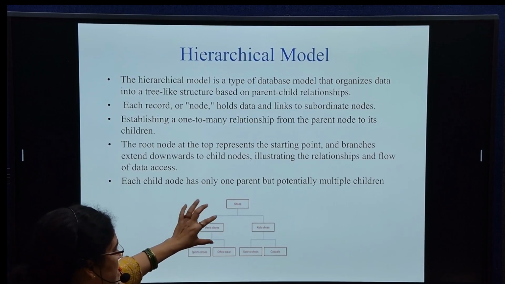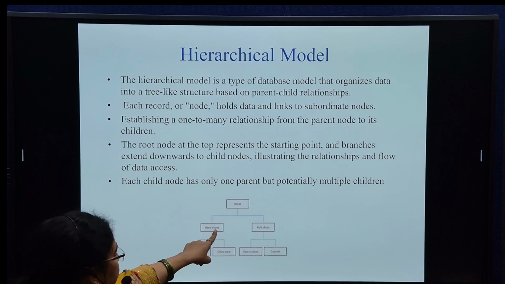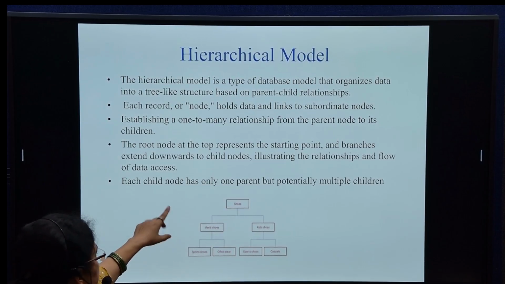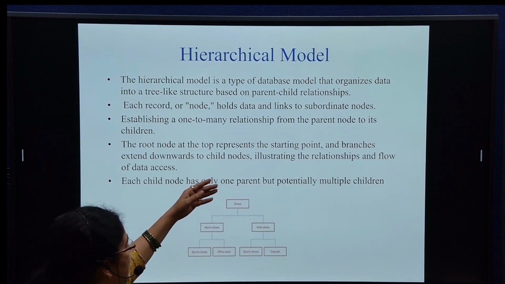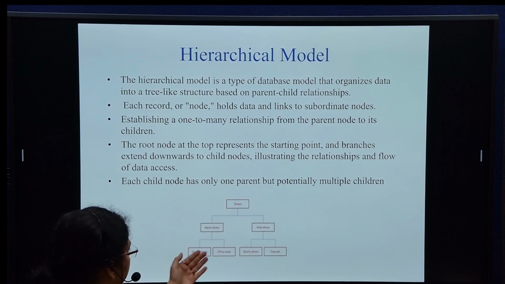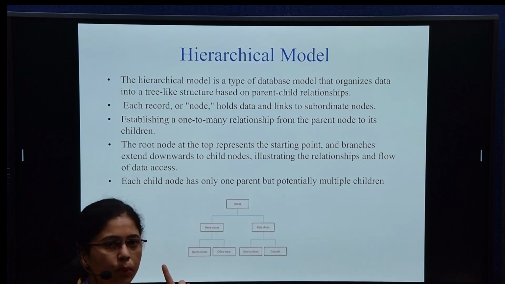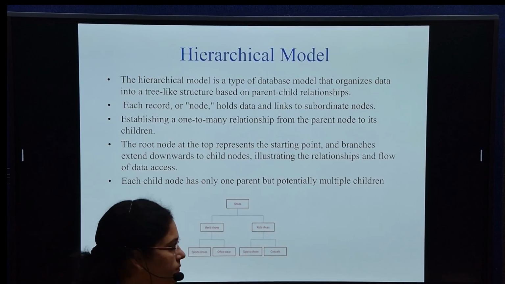It establishes a one to many relation from parent to children. The root node is represented on top as the starting point, and the branches extend downwards to the child nodes. Each child node has one parent but potentially extends to multiple children.